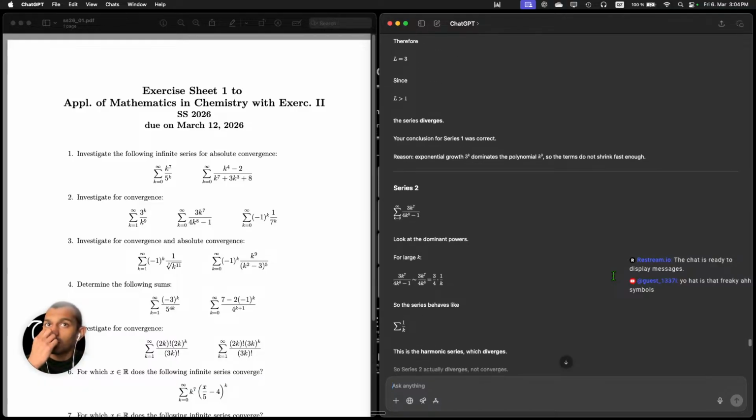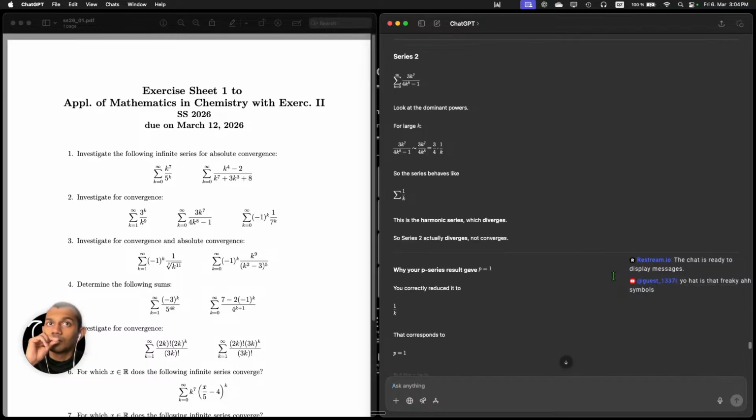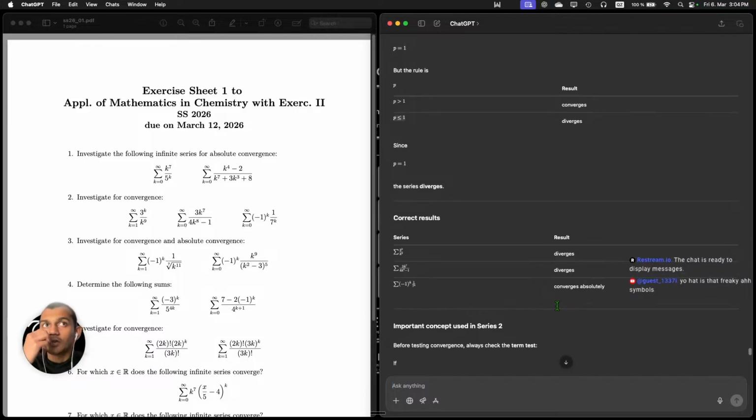So the series behaves like a harmonic series which diverges. So series 2 actually diverges, not converges. P equals 1, but the rule is... Oh, equal to. I did not see the equal to, bro. Come on now. Series diverges.